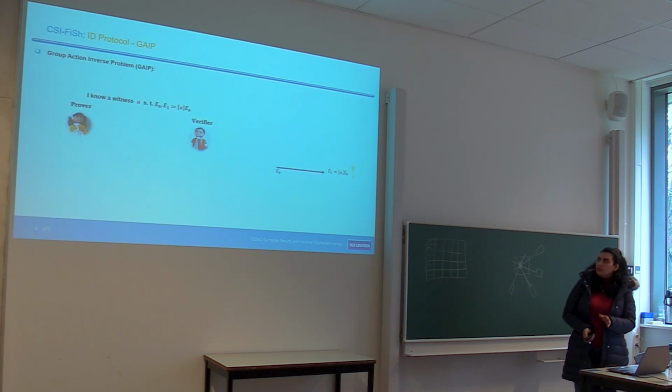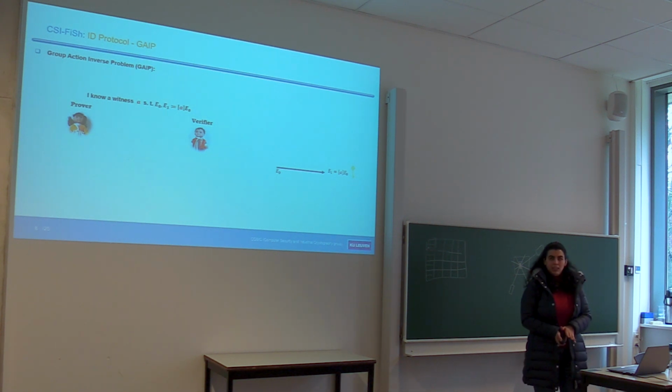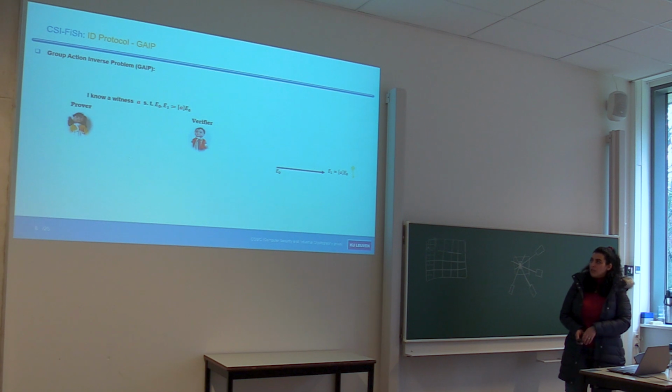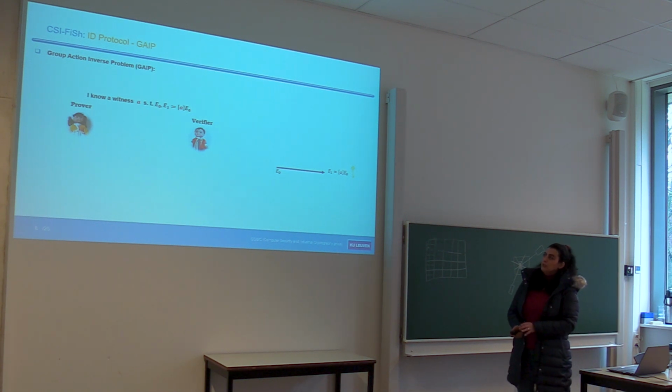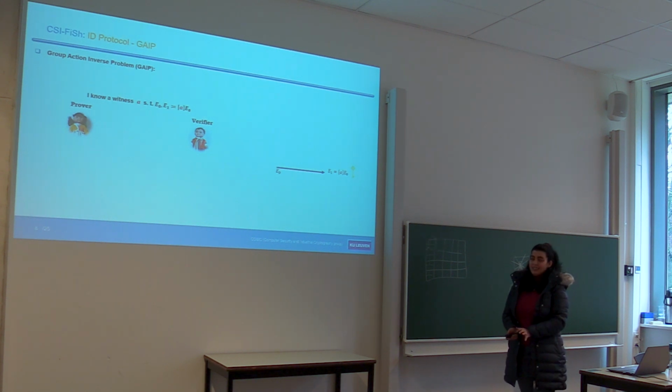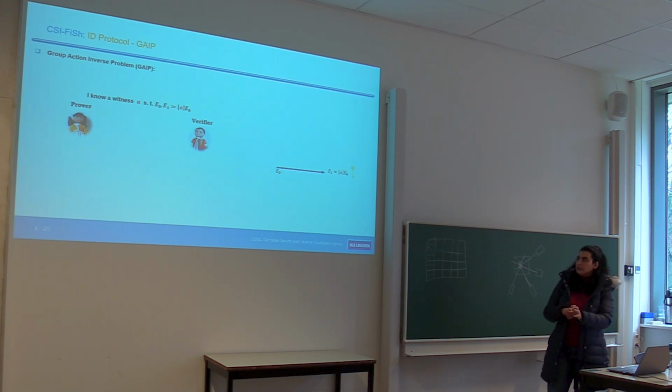Okay, the basic ID protocol of CSI-FiSh is based on GAIP, the group action inverse problem. Basically, in this ID protocol, the prover wants to prove that she knows a secret a between two curves E0 and E1.